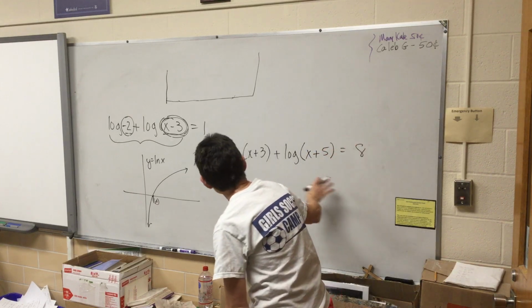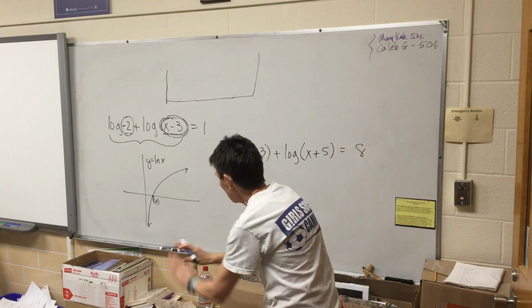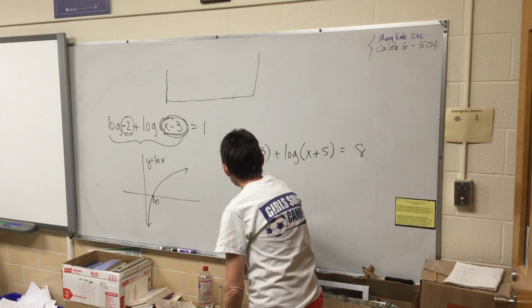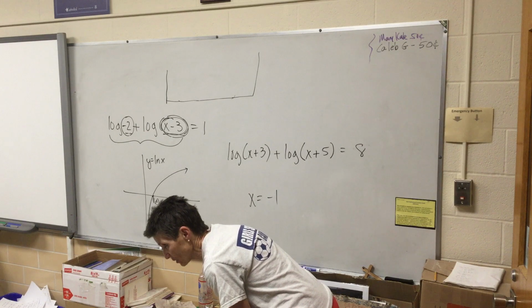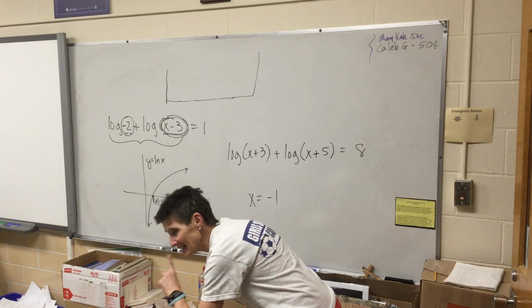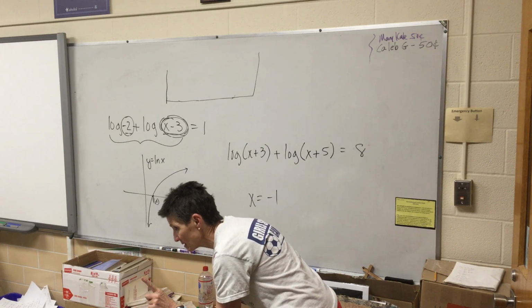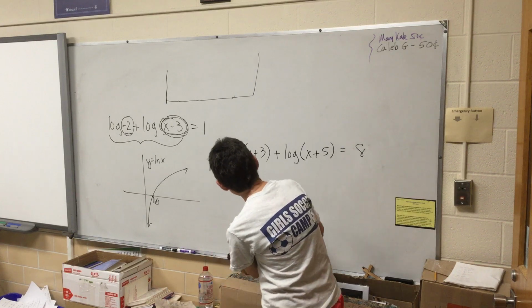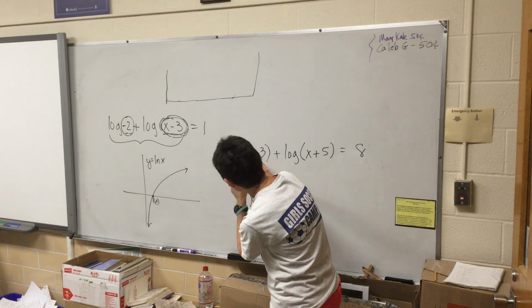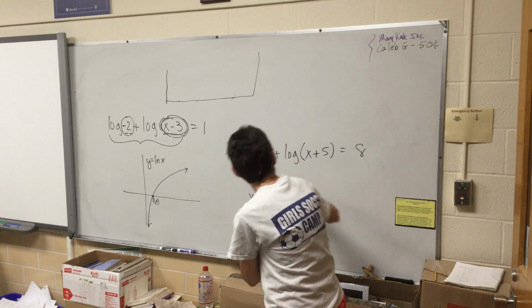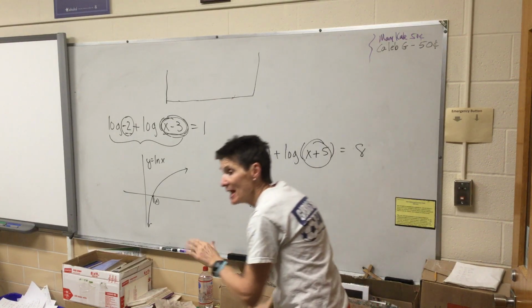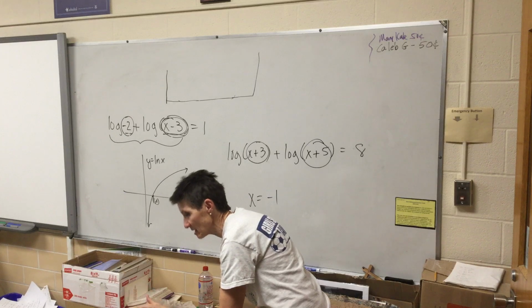If I had a problem like this, and I solved it all out, and I got -1 as my answer, that is not extraneous. Because when I put -1 into the problem, this would be positive, right? And this would be positive, and that's all that matters, is that they're positive.